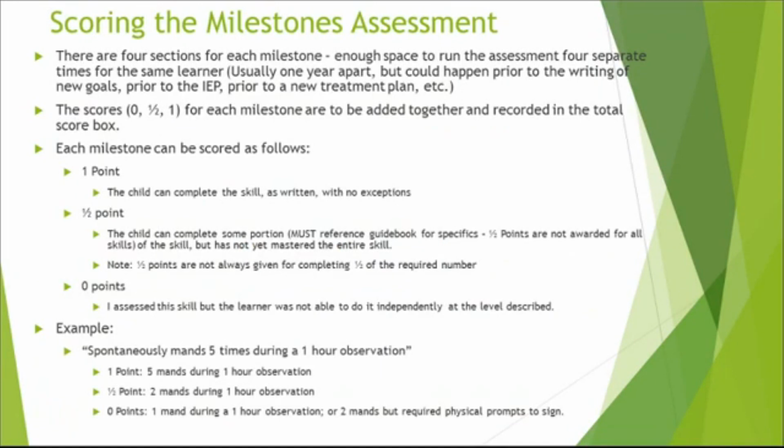Things like that, and it goes on from there. It increases in number: emits four different mands, generalizes six mands, spontaneously emits five mands, and 10 different mands. It goes up in number and then goes up in complexity.